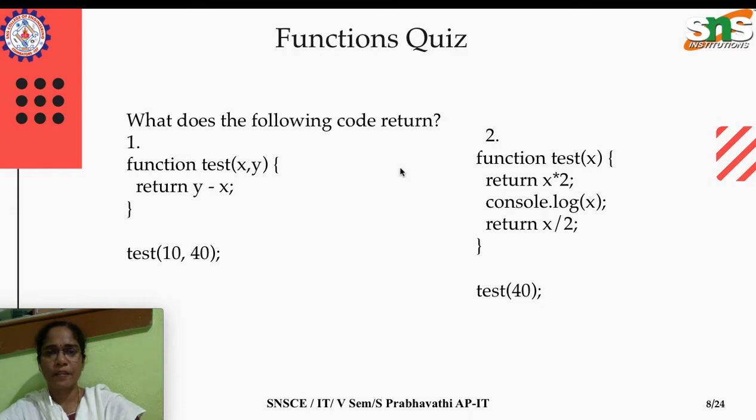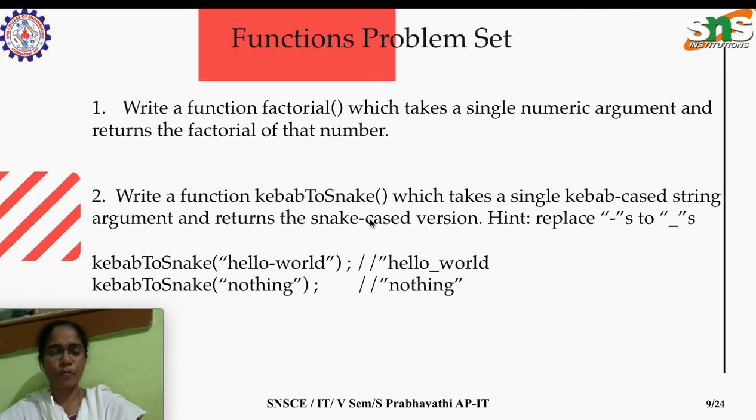Okay, so here is a quiz, you could take it, followed by your practicing session. So factorials: write a function for finding the factorial of the given number. And one more is a function to change the hyphen to underscore, that normally we say as kebab to snake.